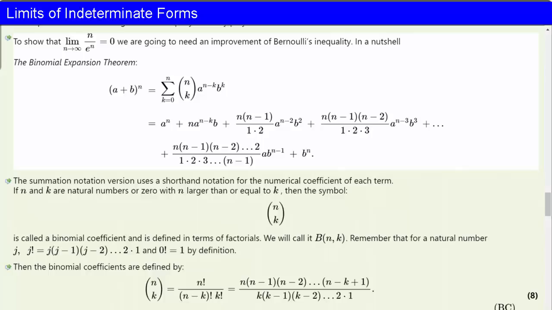The formula is quite intimidating in both the condensed summation notation and when written out, but in fact it has a beautiful symmetry which most students have seen in high school as Pascal's triangle. Before we talk about Pascal's triangle, let's have a close look at the statement of the theorem.